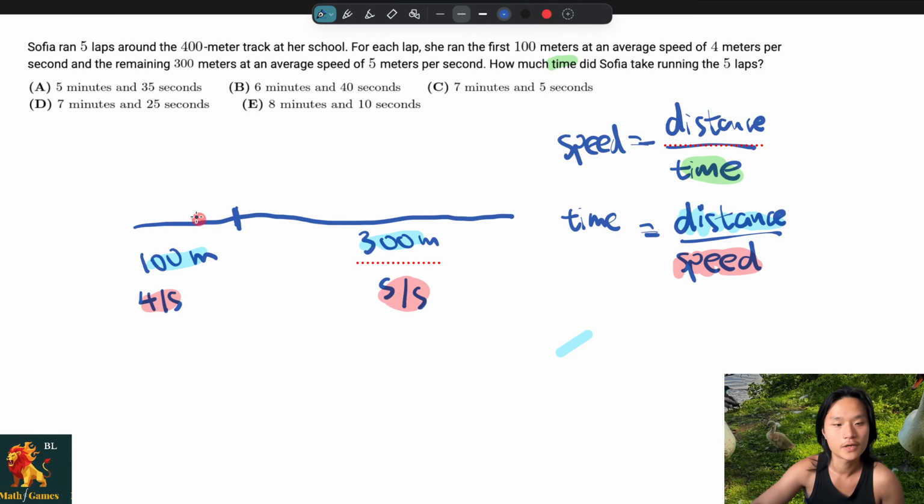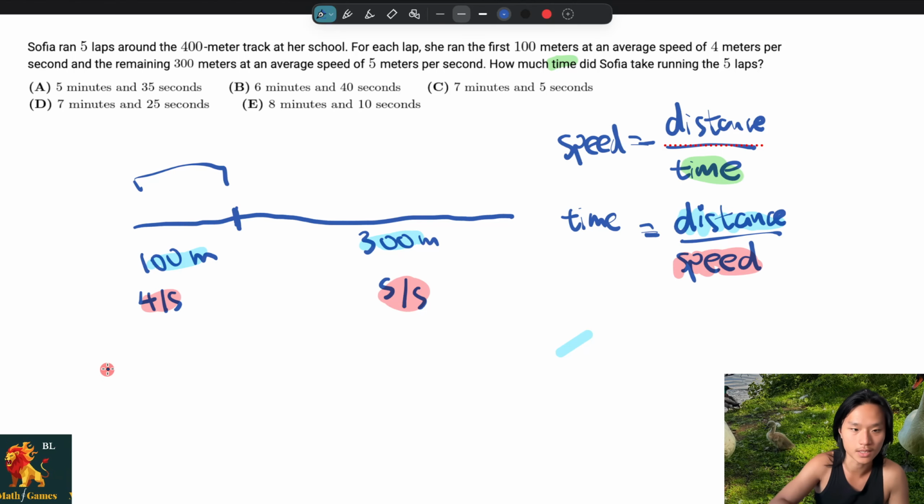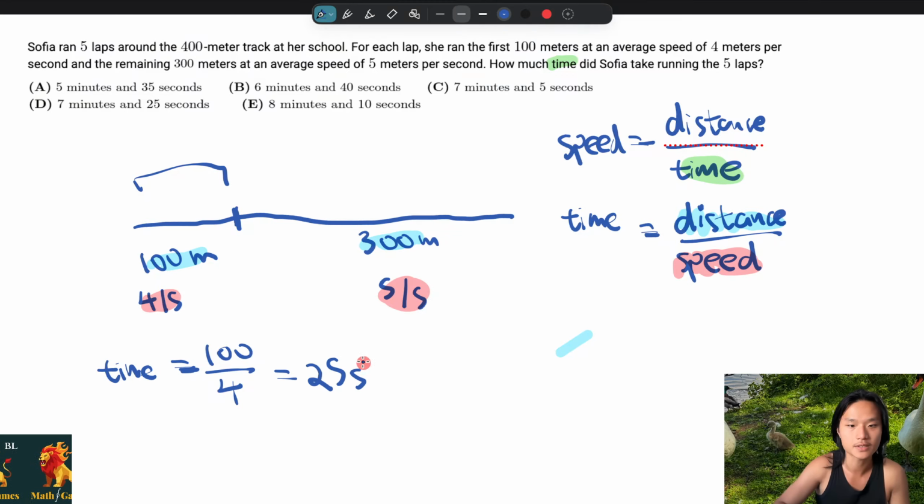Well, we have to first find the time Sophia took to run the first 100 meters. So that would be time equals 100 divided by 4. That is 25 seconds.